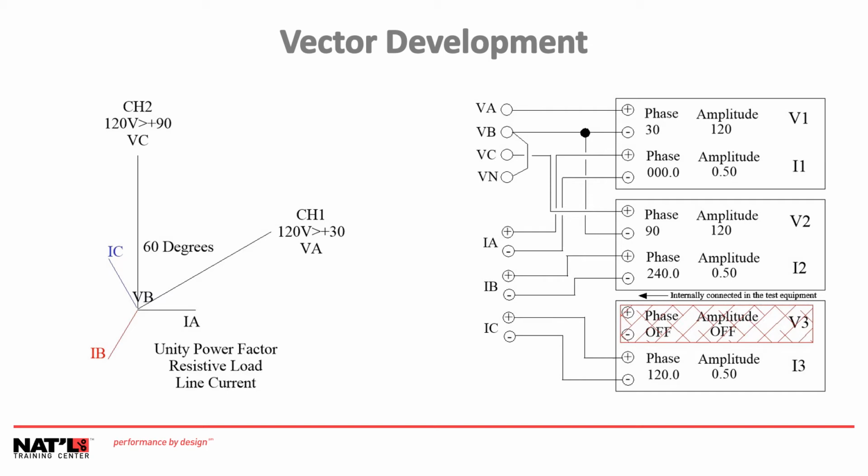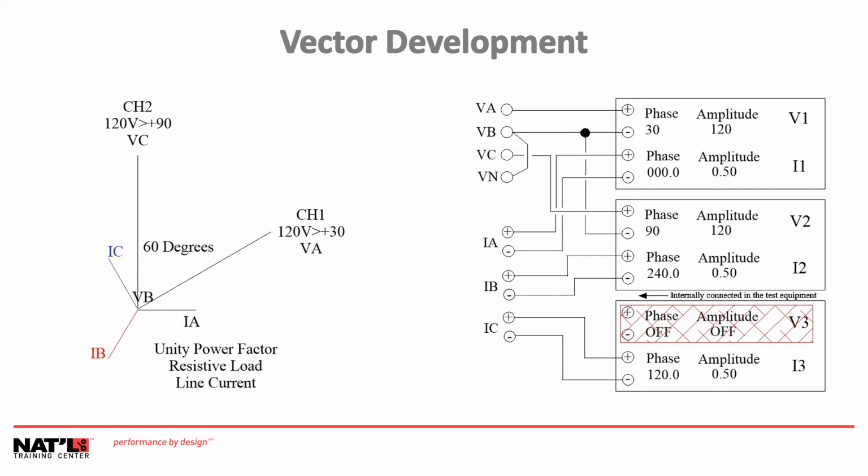This is very important that you do this or you're not going to get good readings. You jumper your VB to VN, and both your returns or your neutrals on your 2 voltages, your V1 and V2 voltages, are tied together here. And then VC will come off of your second voltage source, V2, which is set leading V1 by 60 degrees, or in this case, 90 degrees.